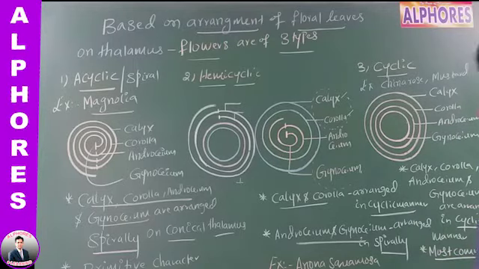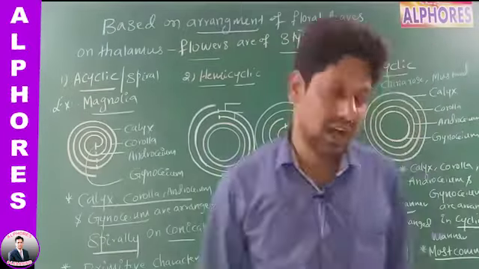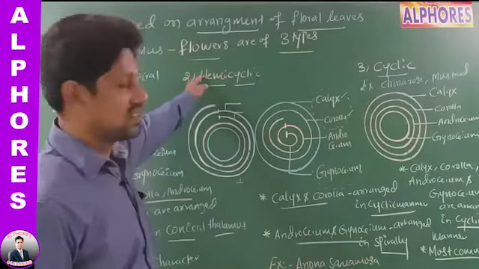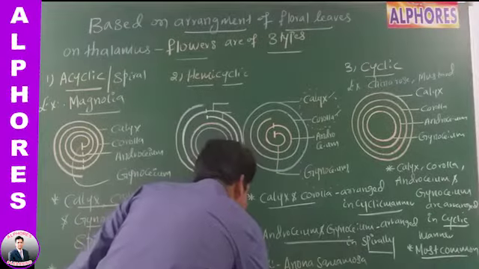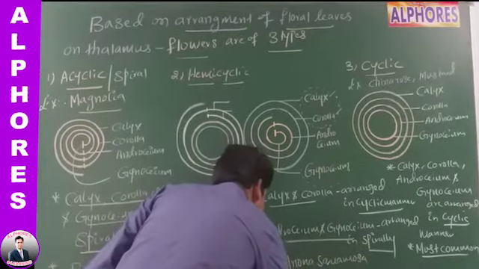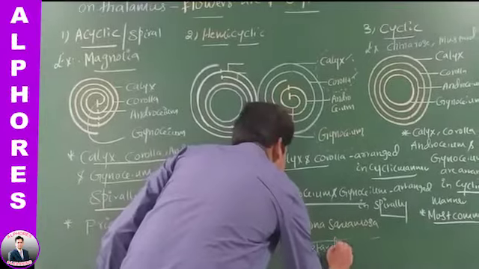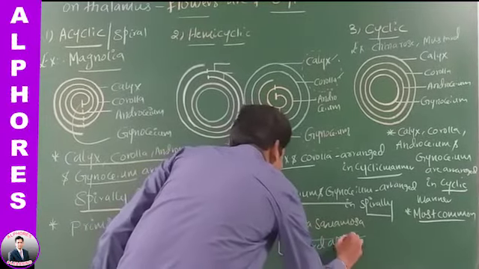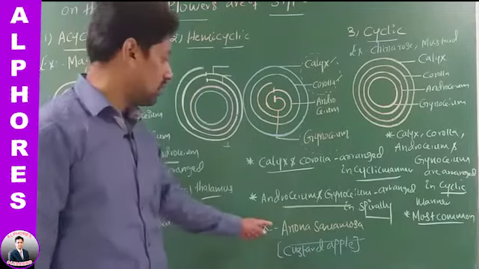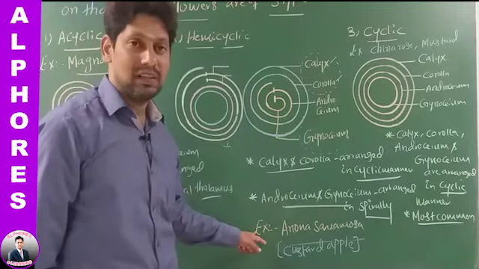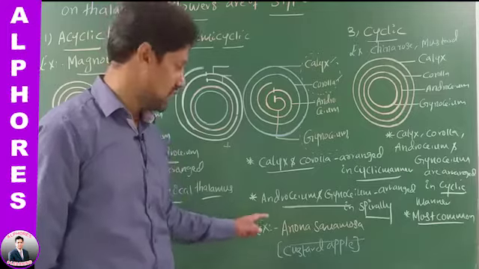Annona squamosa is an example for which flower, sir? Hemicyclic flower. Yes or no? The common name of Annona squamosa is custard apple. I am not saying apple, I am saying custard apple. Is it okay?